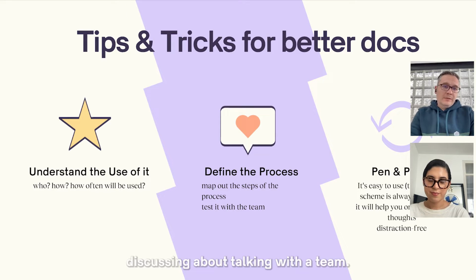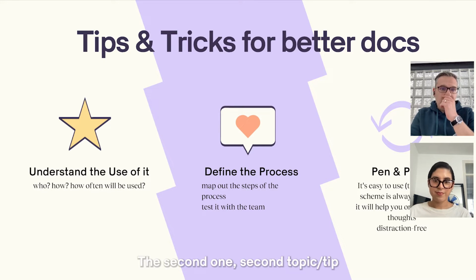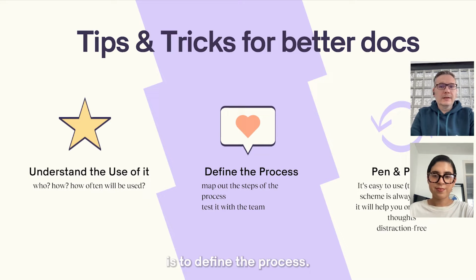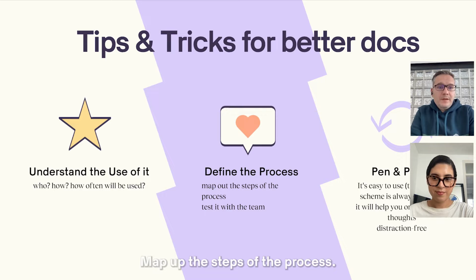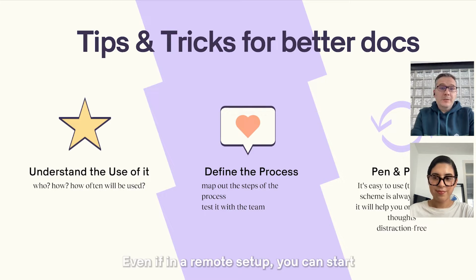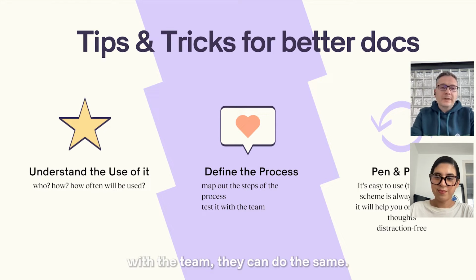Because we're discussing talking with your team, the second tip is to define the process. Map out the steps of the process. And the best way to do it is with pen and paper. Even in a remote setup, you can start jotting ideas down on a piece of paper, take a photo, and share it with the team. They can do the same.